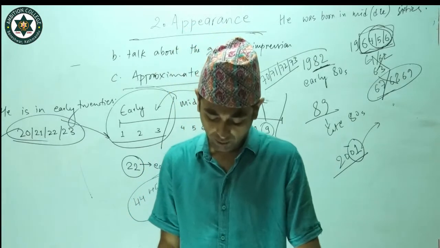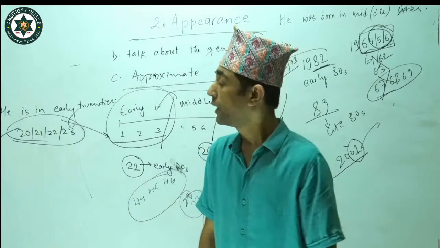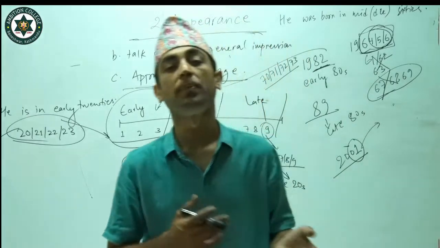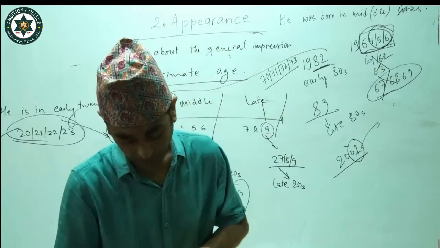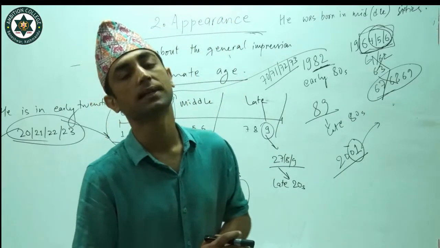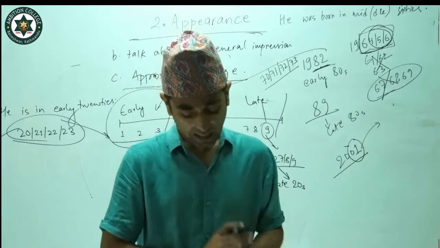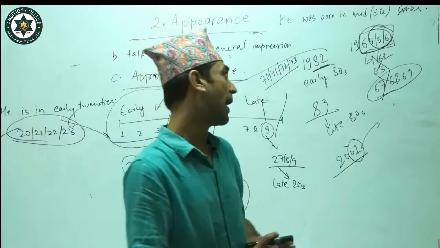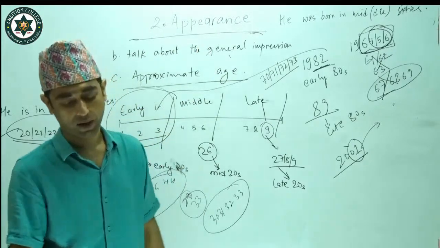This is all about the grammar that we were supposed to study today. We talked about how to talk about the appearance of people and things and judge them by appearance. We also looked at the structure with look, the structure with seems, and how to talk about approximate age, and also the copular verbs, right?